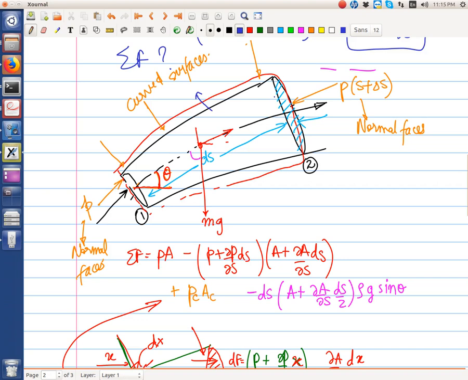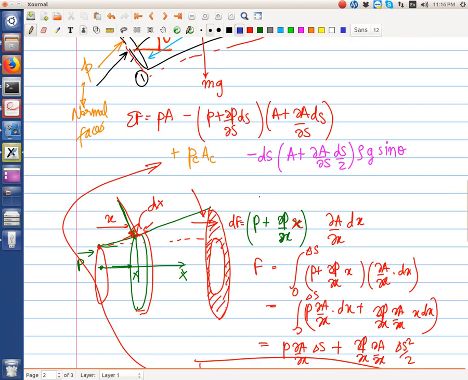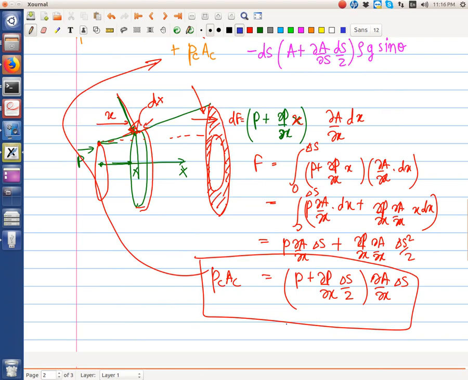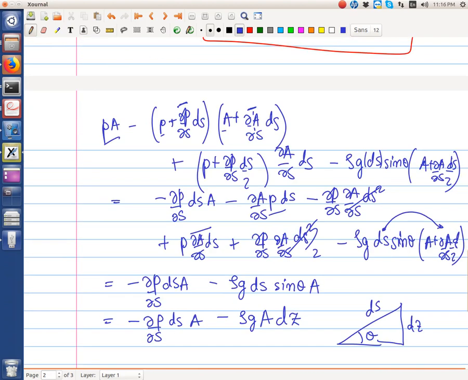The only tricky part was to find out the force acting on the curved surface. The curved surface force is found using the pressure multiplied by the projected area. The projected area is the difference in the area, hence this del A del x comes into the picture. When you integrate over the entire curved surface, it gives this kind of a pressure, and then you obtain the final solution.